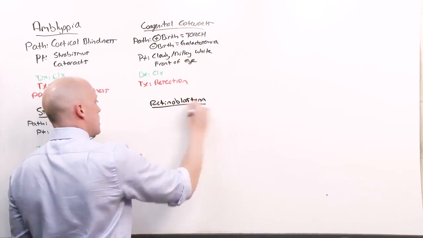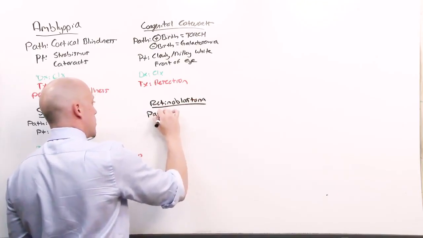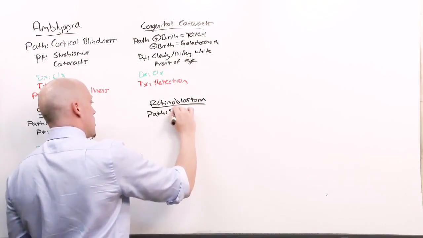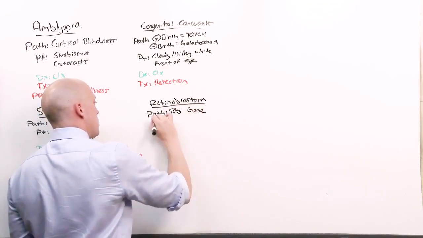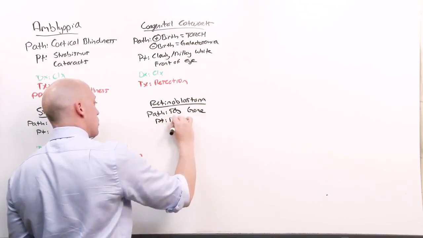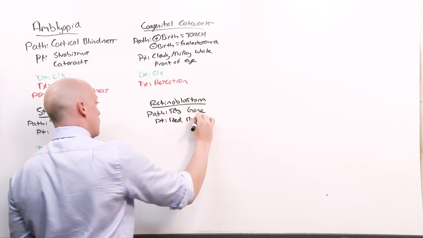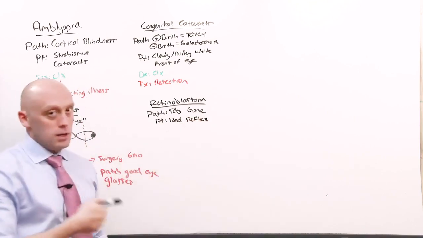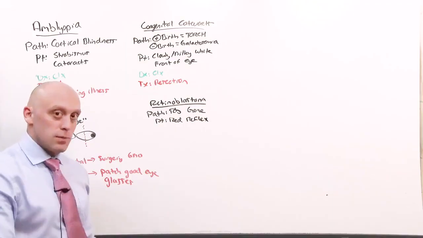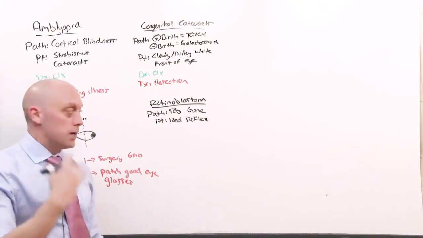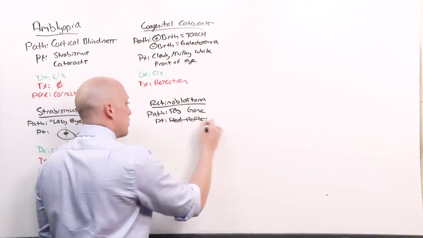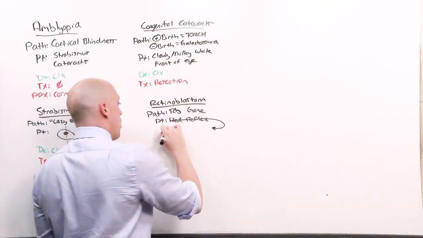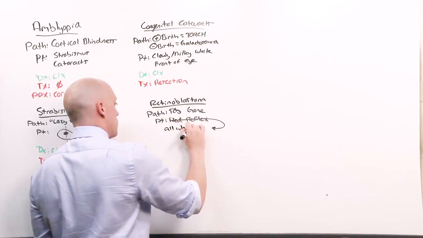Retinoblastoma is associated with, not surprising, the retinoblastoma gene. The patient, instead of having the red reflex, that's what you're looking for in the newborn nursery when you shine a light into the back of their eye, you expect your light to bounce off the retina and show you red. But instead of a red reflex, what you have is an all-white retina.